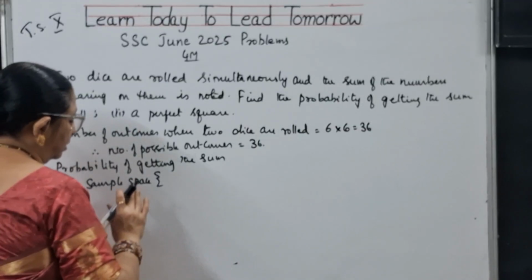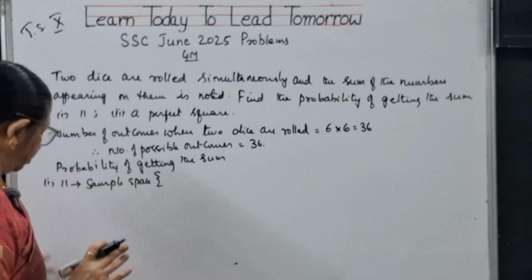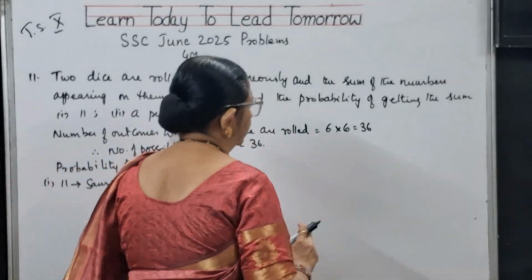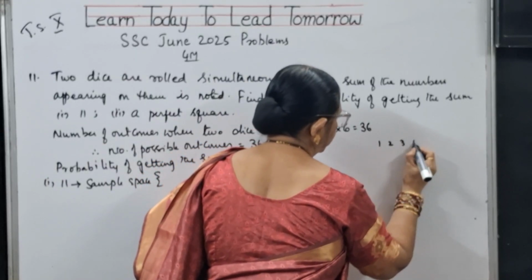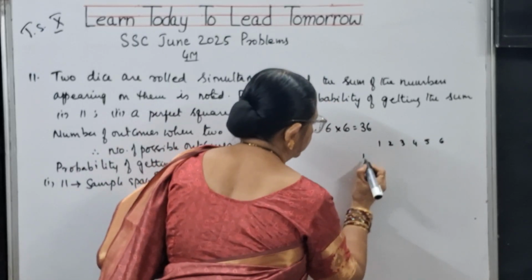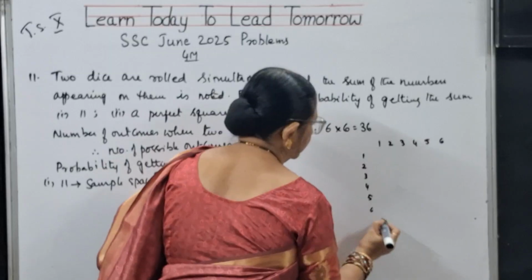And if you have a problem in thinking like this, children, you go for a table: first die 1 2 3 4 5 6, second die 1 2 3 4 5 6.